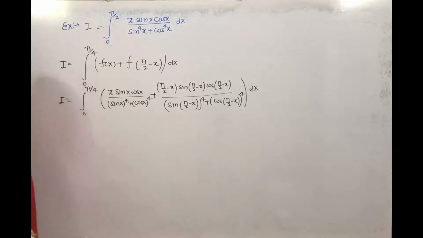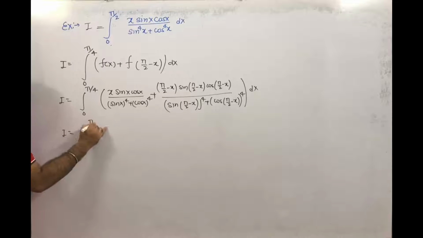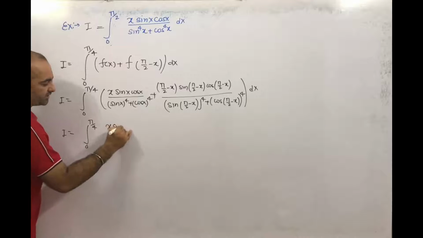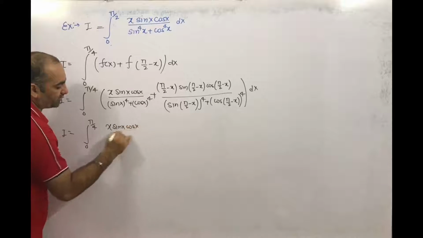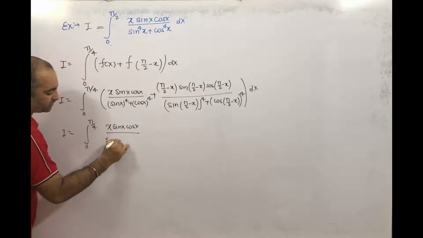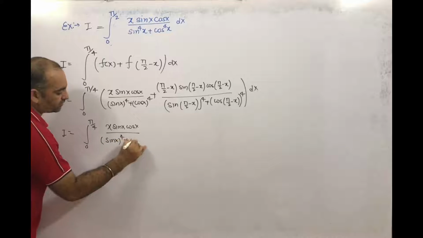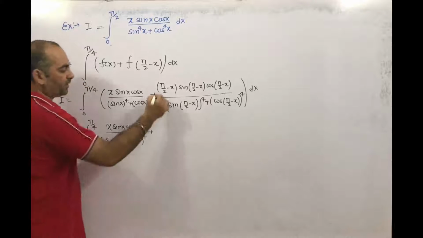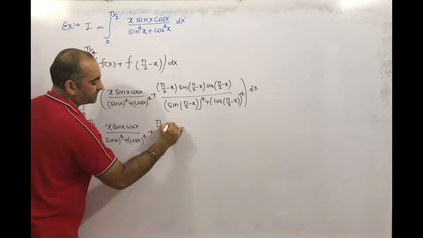So I equals the integration 0 to pi by 4. The numerator is x sin x cos x divided by sin x to the power 4 plus cos x to the power 4, plus pi by 2 minus x.